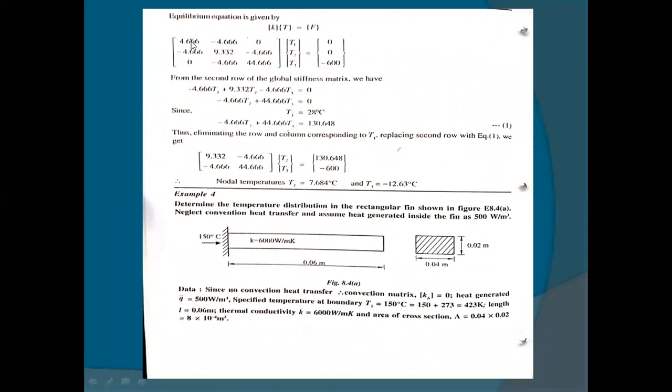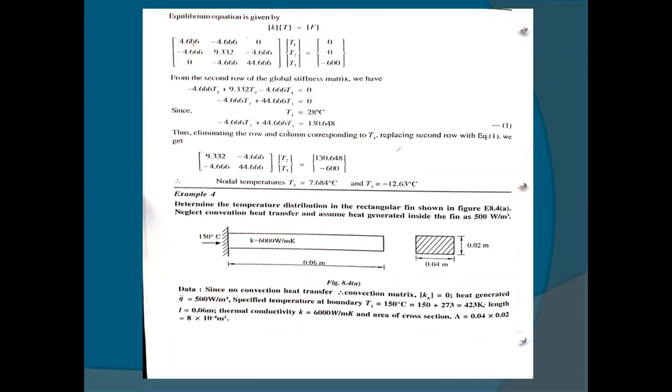Eliminate the first row, eliminate the first column. All of you understood why we are eliminating the first row and first column? Yes, sir. We know T1, therefore we are eliminating the first row and first column. Again we have T2, T3, simplify, then we will get the values: T2 is equal to 7.684 degrees Celsius, T3 is equal to minus 12.63 degrees Celsius, or you can convert into Kelvins after simplifying in Celsius.